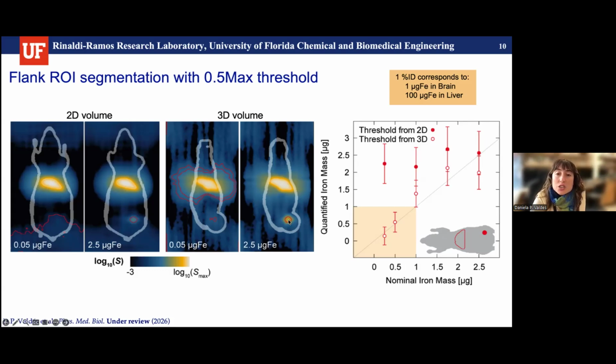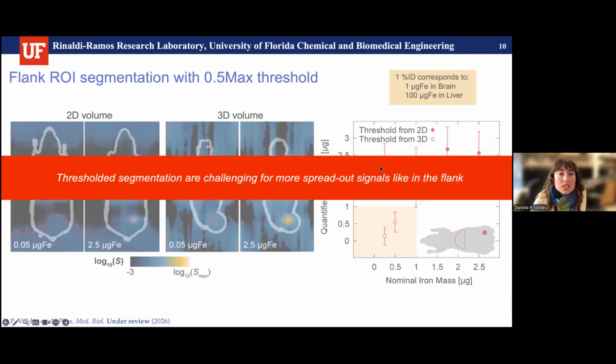And also, we can have some contributions from the background in the places where the signal is low, so that might contribute. So with low SNR, we have this overestimation. So of course, more spread out signals, at a similar distance from the liver as in the brain, are more challenging.